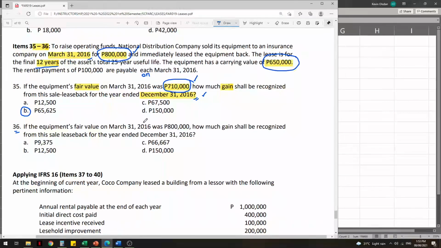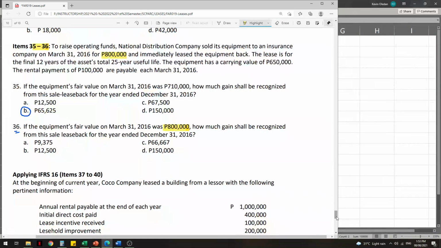Pero when we look at number 36, guys, the situation is, what if the fair value is 800,000? Let me clean up our spreadsheet para makafocus tayo sa important details. What if we have 800,000 as the fair value? And do take note that is equal to our selling price.